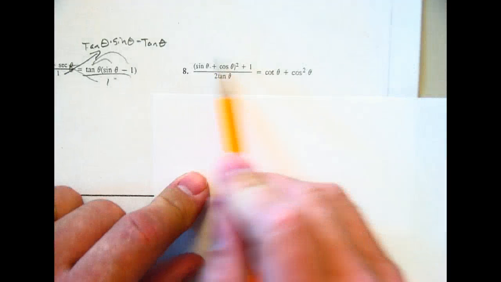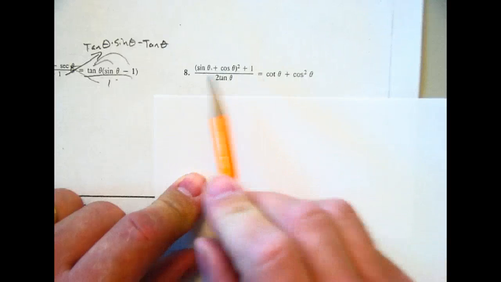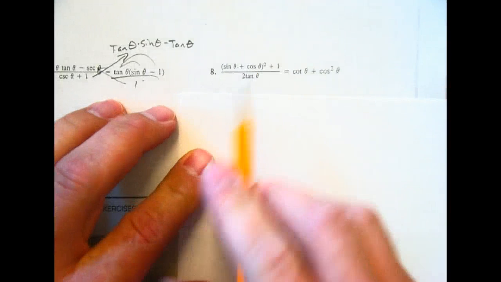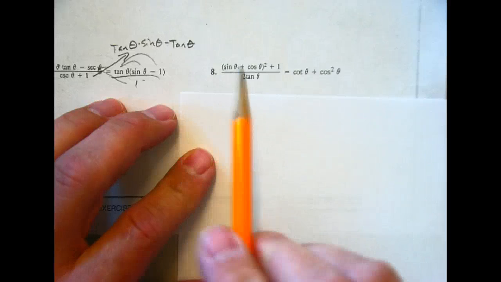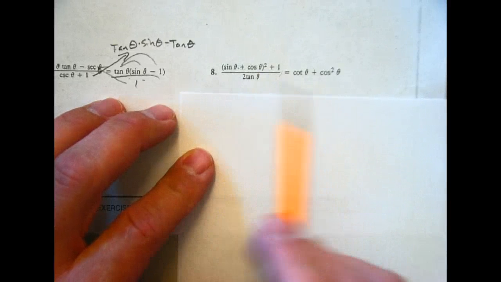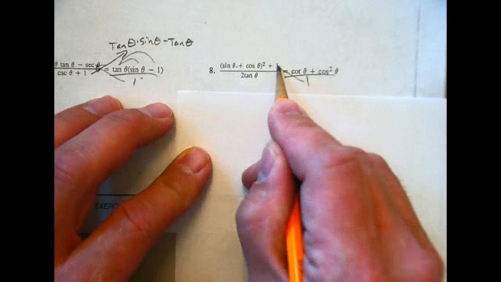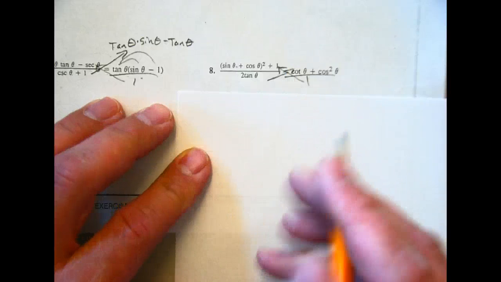Okay, so on number 8, I'm going to first look and see if I can simplify the top or the bottom. I can't do it. I could go through and try a distributive property here and FOIL, but I know when I cross multiply by 1, I'm not going to change the top, so I'm just going to start by cross multiplying.